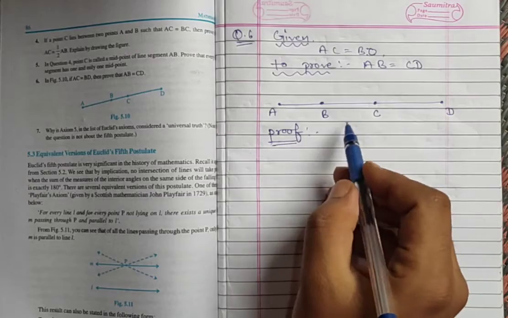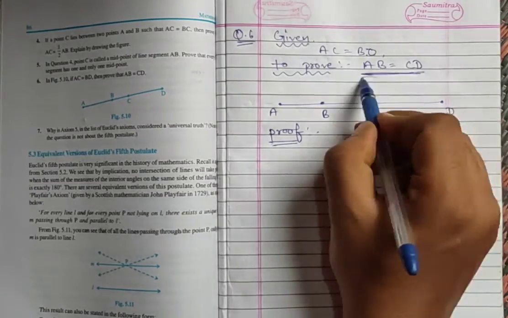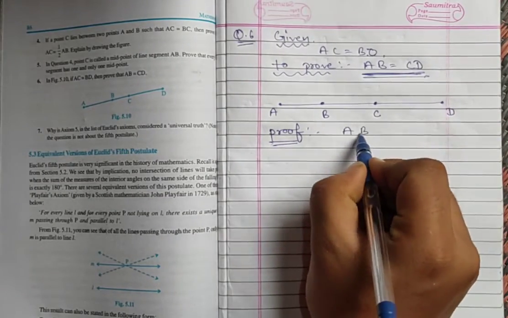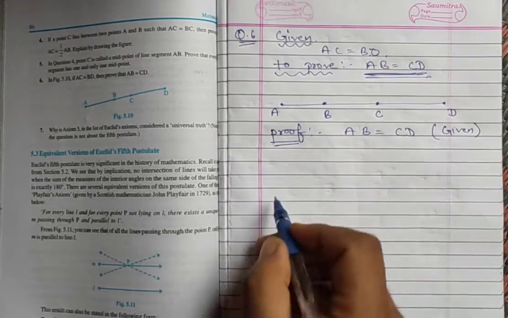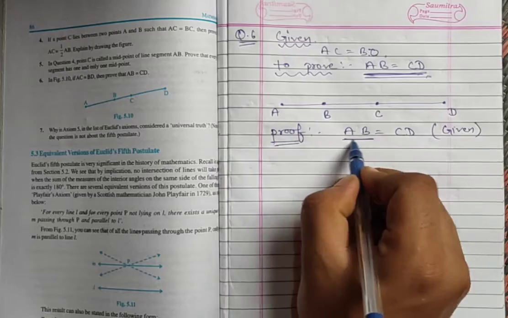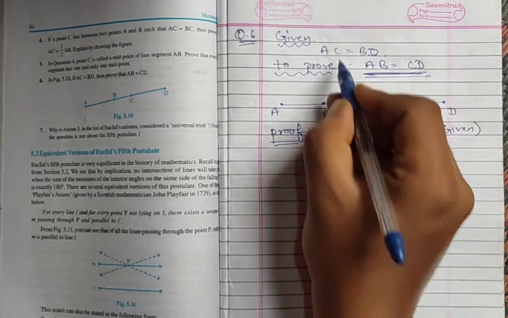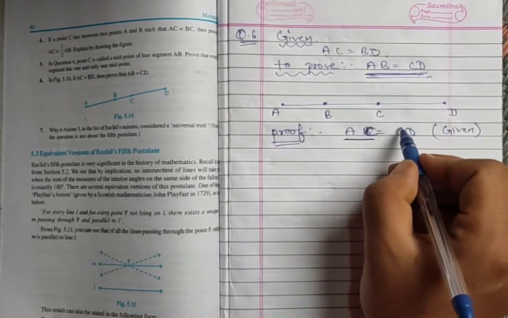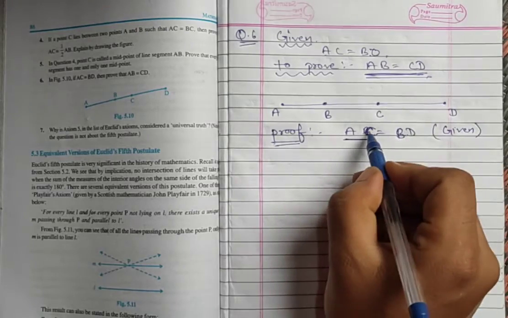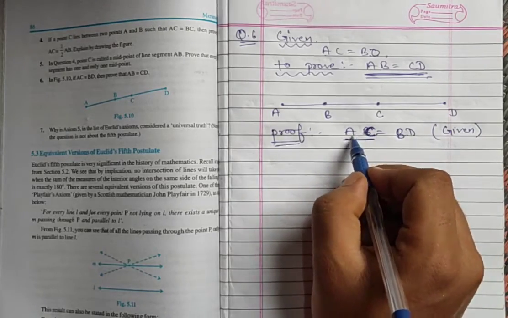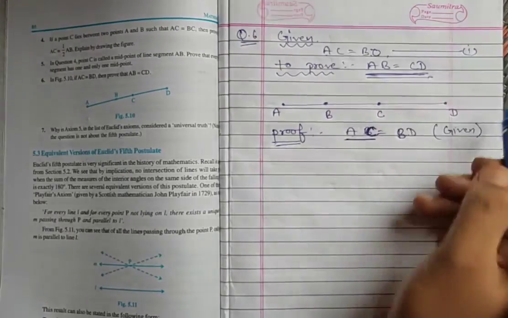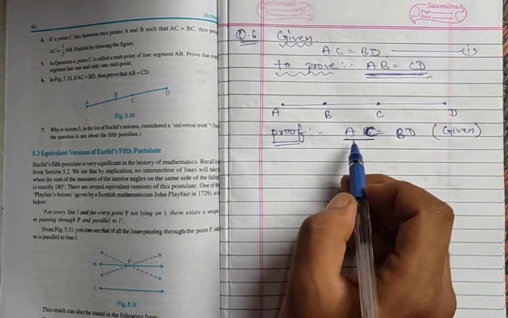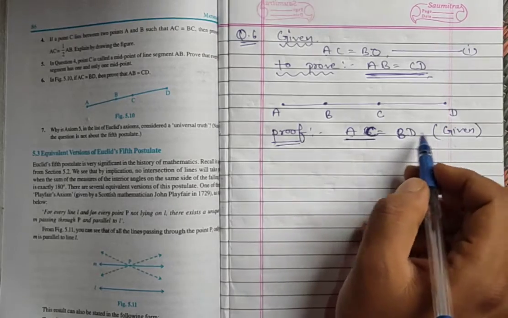So now we are starting the proof. The equation to be proved is AB equal to CD. Now see, AC equal to BD is given. AC equal to BD, which was given, let us suppose it is equation number 1. We are taking the given equation AC and BD.